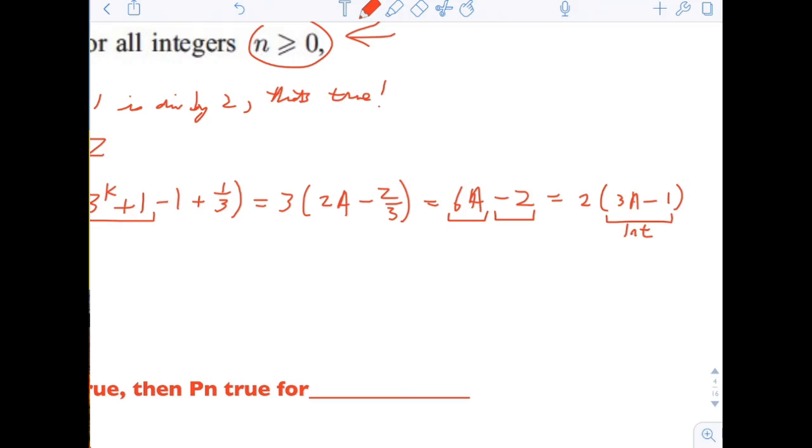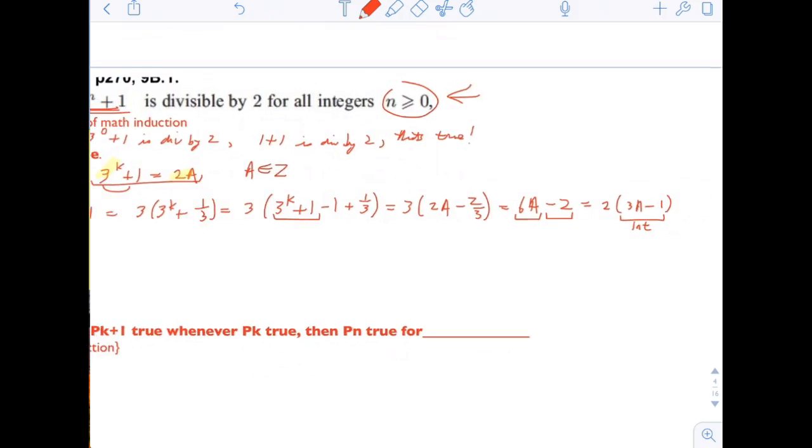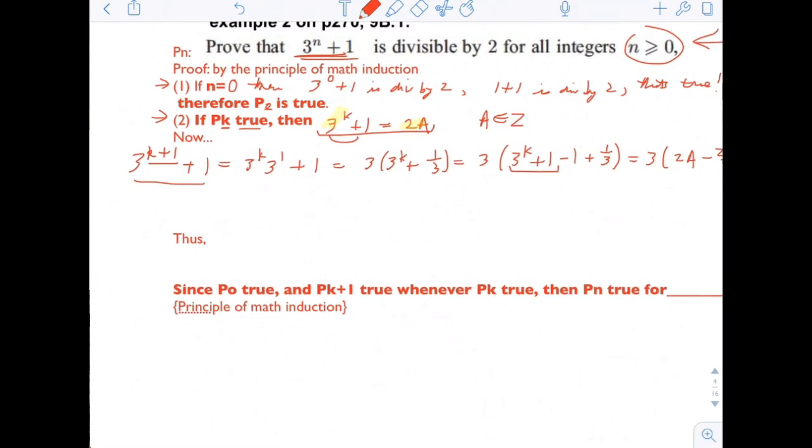Because a is an integer, so 3a is an integer, and if you subtract 1, it's still an integer. So since it's 2 times an integer, it is divisible by 2. So thus, 3 to the k plus 1 plus 1 is divisible by 2.